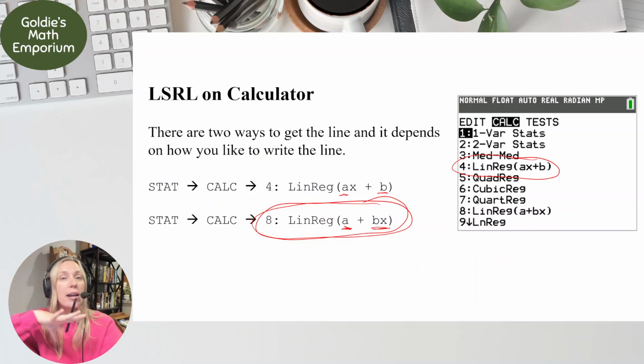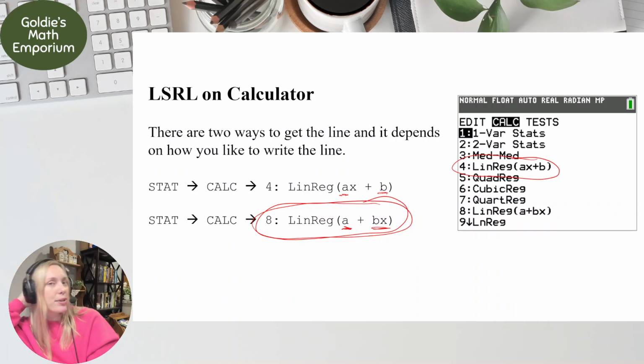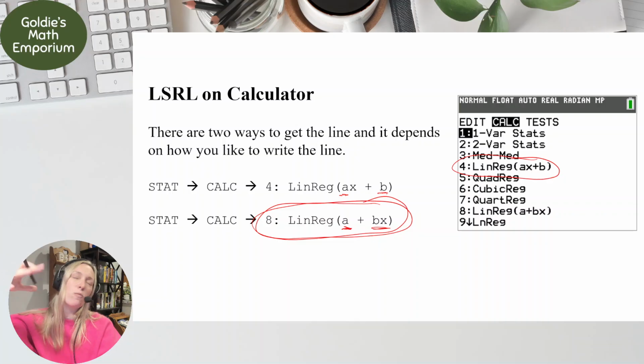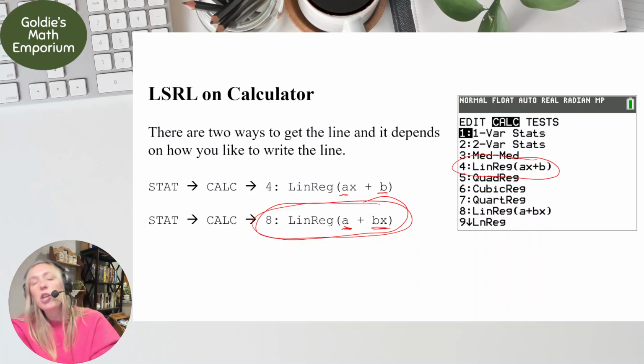So there are 2 ways. You can use either way, and use our last example to see that you get the same values. It just depends on what you call a and what you call b, what you call the y-intercept and what you call the slope. So just pay attention to what form you're using so that you don't mix up the slope and the y-intercept.